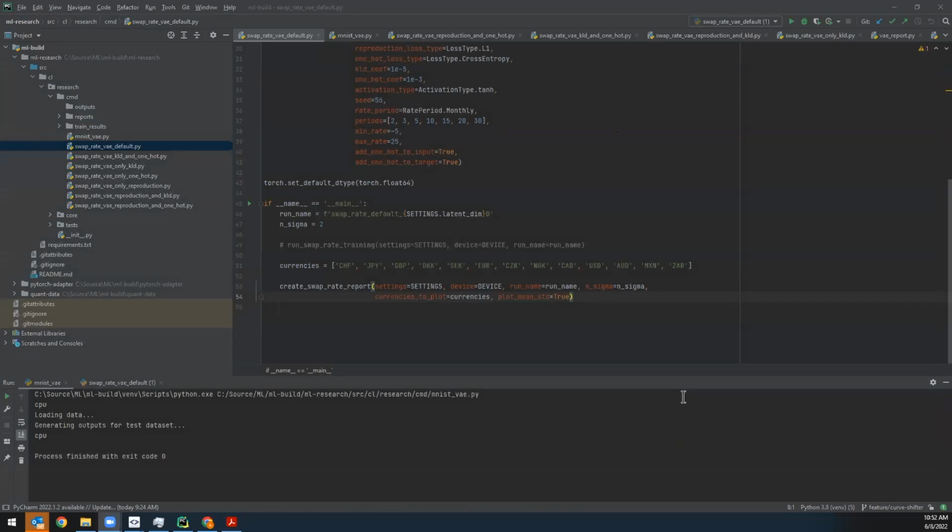Okay, so I think that's the red screen. Okay, do you see the PyCharm, the Python window? Okay, perfect.